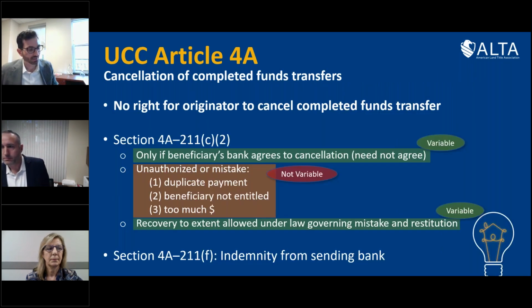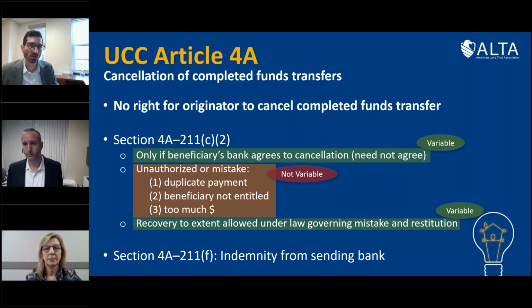Moreover, not only is the credit to your account always final if you get a wire, not provisional, the person who sent you the wire has no right to claw it back or to reverse it under Article 4A. There is a slight caveat here to point out, which is that your bank might be able to agree to cancel a completed wire under very limited circumstances, but this would be highly unusual.